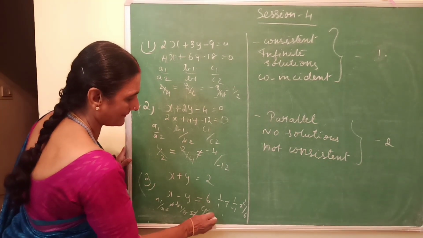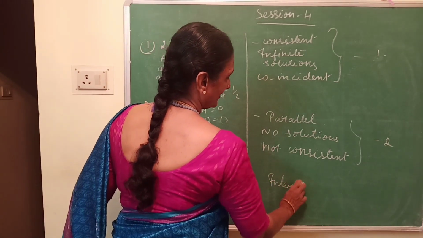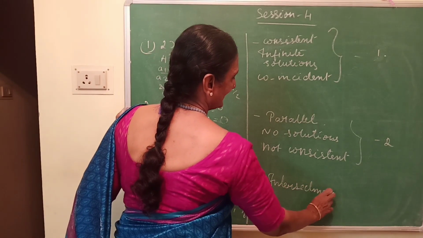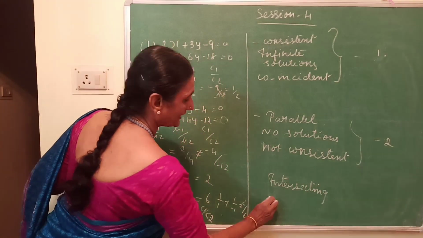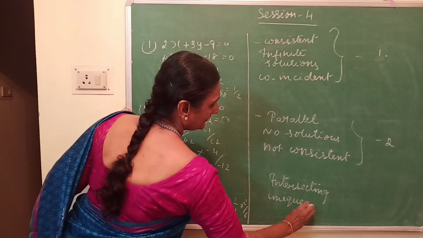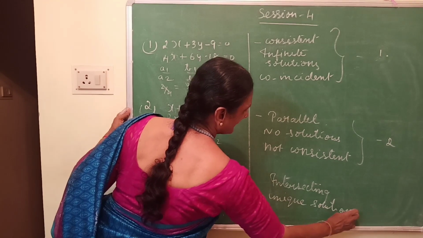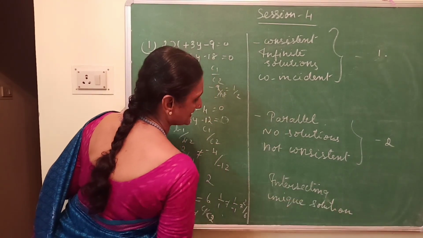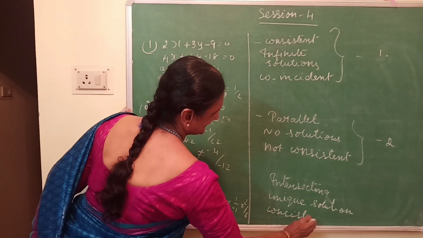Because of that, we got intersecting lines, and the solution is unique. So we have got a unique solution. Just because the solution is unique, we can write the equations to be consistent.